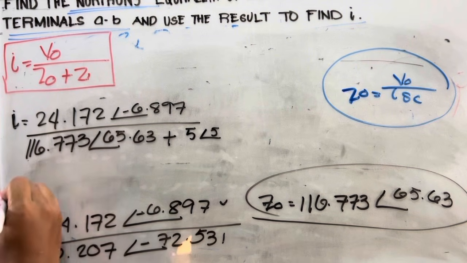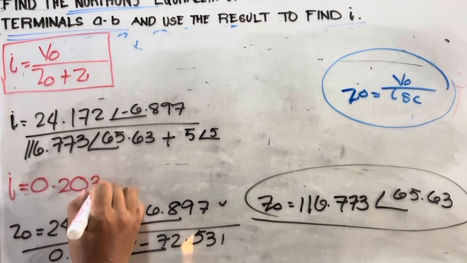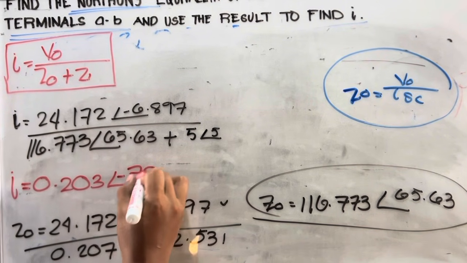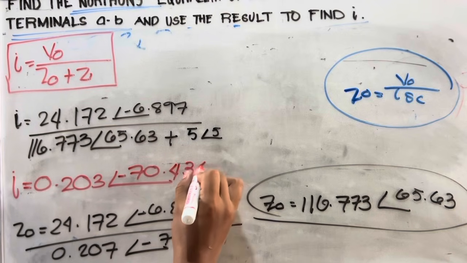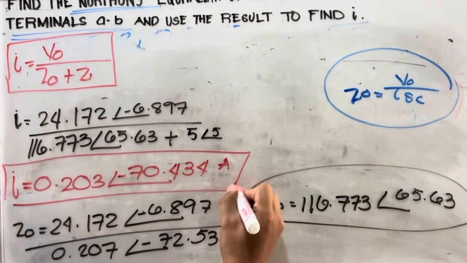Therefore, our I is equivalent to 0.203 angle of negative 70.434 ampere. This is our final answer.